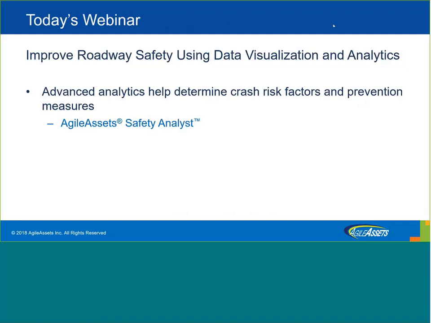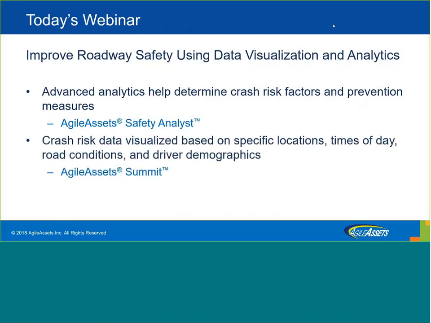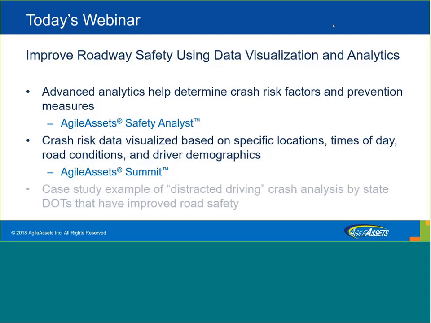That's with our AgileAssets Safety Analyst. With the addition of AgileAssets Summit, decision makers can drill down to see crash patterns and distributions using advanced data visualization techniques. And finally, we will discuss a case study that shows the results of distracted driving using crash analysis through these tools.